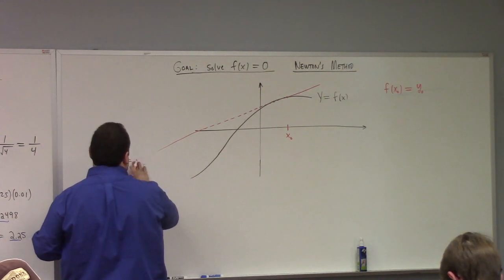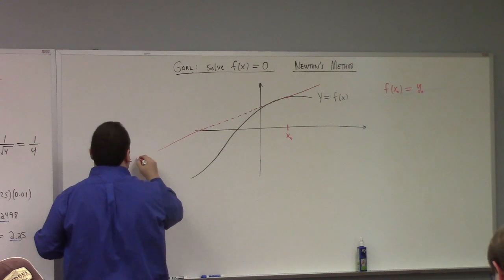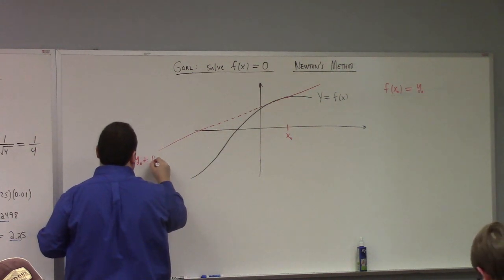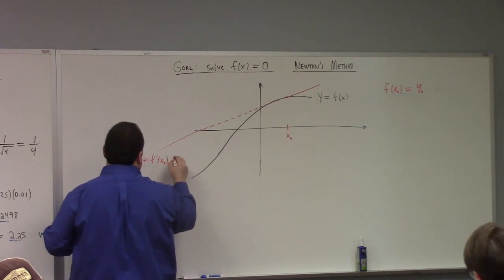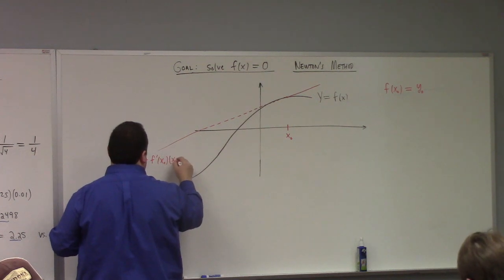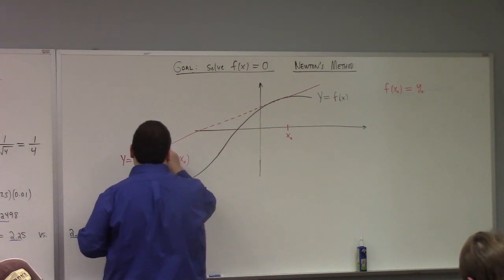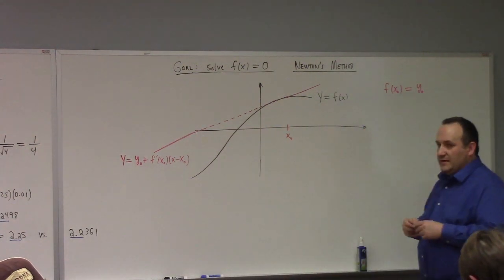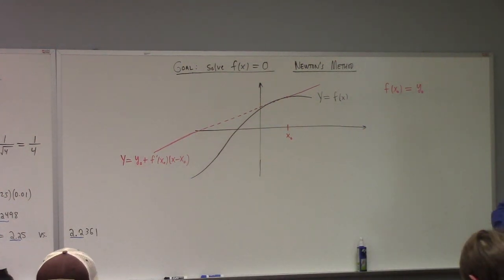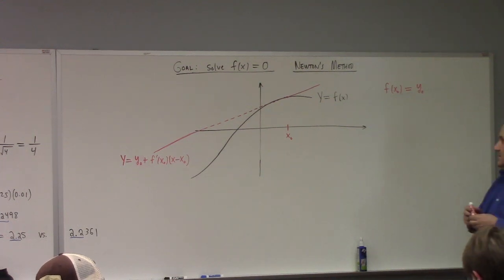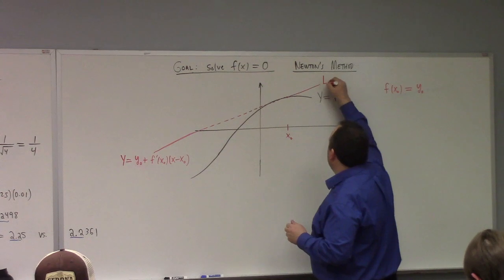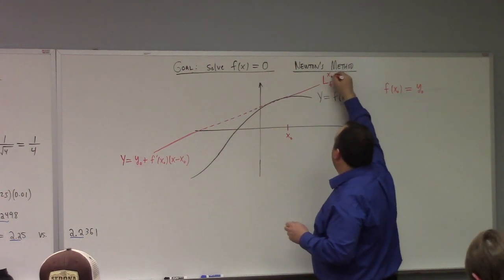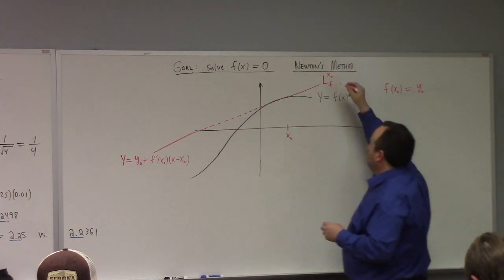Let me just write the formula. It's y is equal to y naught plus f prime of x naught times x minus x naught. That's the formula for the linearization based at x naught. Do you guys see that? So this is the linearization of f based at x naught. Y equals that, okay?